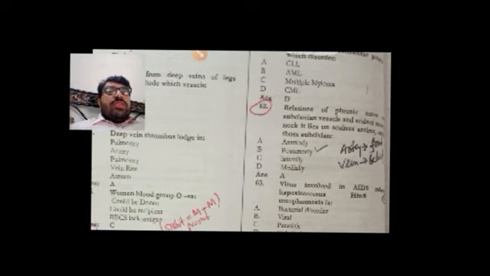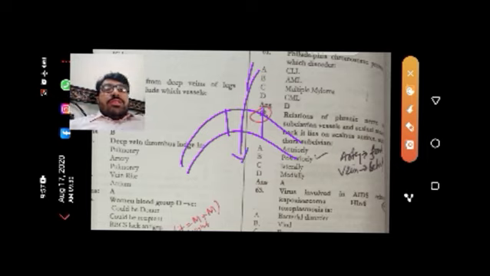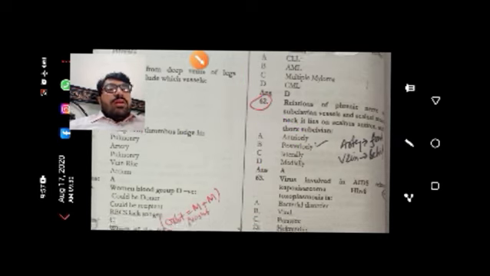If the question says subclavian artery, then the phrenic nerve goes in front of the second part of subclavian artery. Suppose this is subclavian artery and this is the second part of subclavian artery, so it goes at the front of subclavian artery. If the question says subclavian vein, then it runs behind subclavian vein. You have to keep this thing in mind.